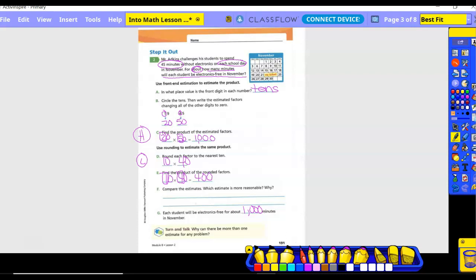Okay, so right here, let's put high, because these estimates are closer to the actual answer.